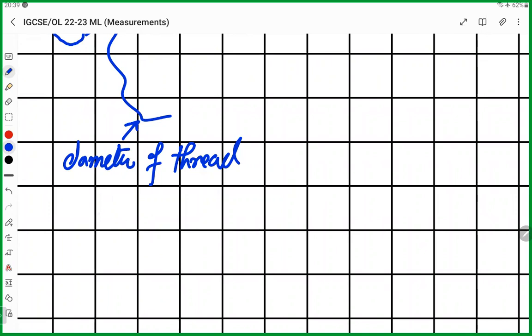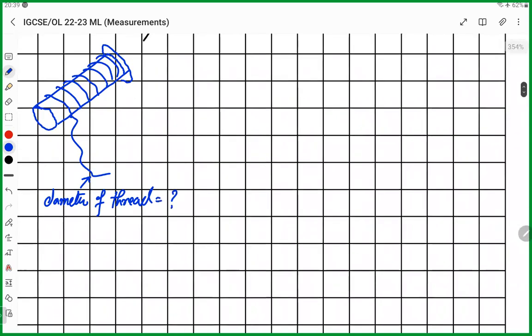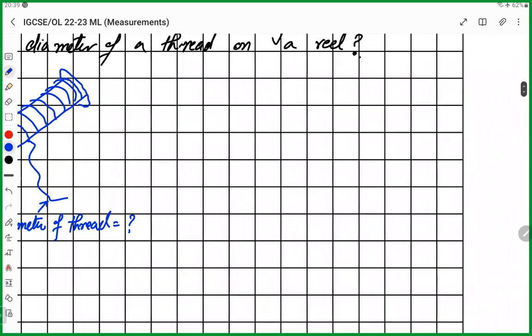Yes, good, you're right. We can, and this is how we will do it. This is a pencil, the ordinary pencil that you have in your geometry box.